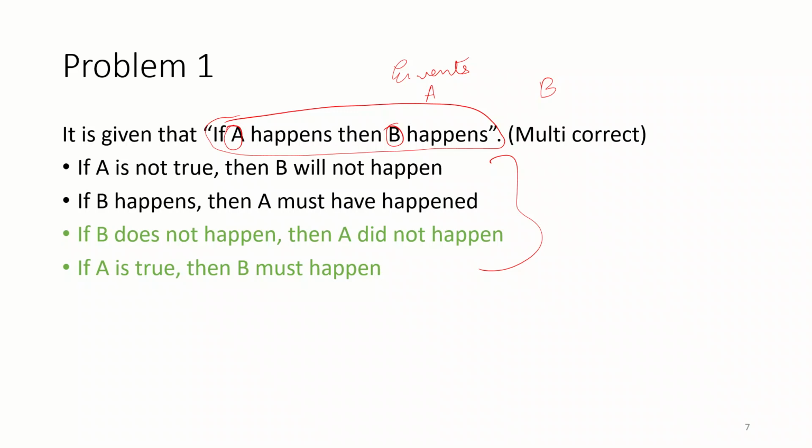The problem is given that if A happens, then B happens. These are not two events. This is only one event and only one premise. In that, whether A is true or false, we cannot say, because it is only one event.